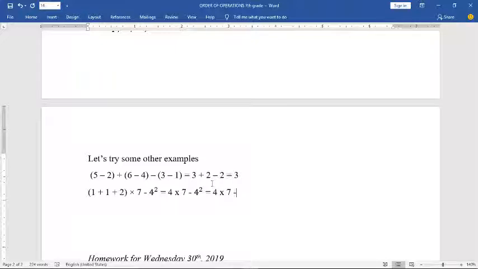It is 4 times 4, and the answer is 16. And the final calculation is 4 times 7 is 28 minus 16. What is 28 minus 16? The answer is 12.